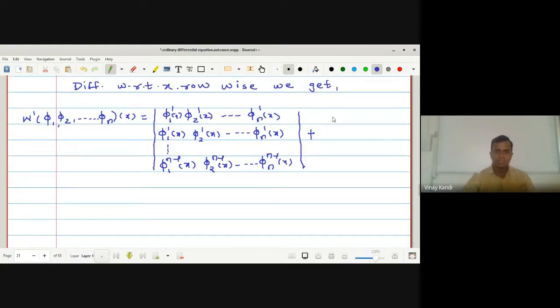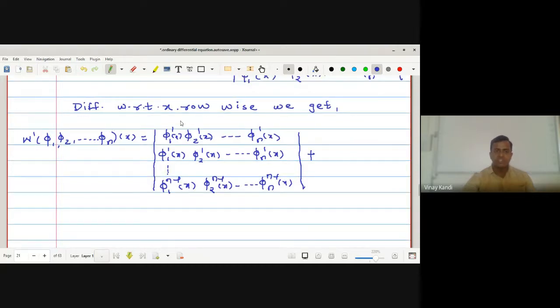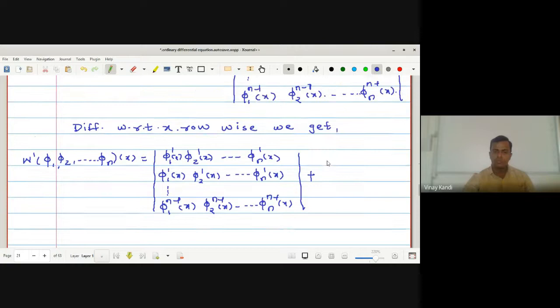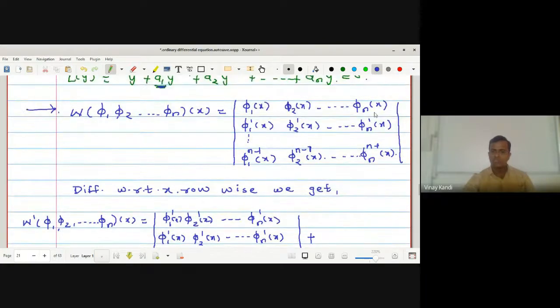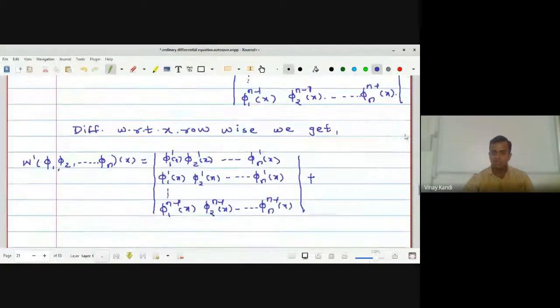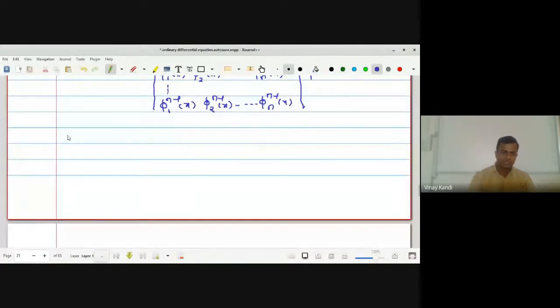Look here. We have to differentiate with respect to x row wise. Here, what have we done? In the first determinant we differentiated only the first row. Now put the first row as it is and differentiate the second row. So plus we get the second determinant: phi 1 of x as it is, phi 2 of x as it is, up to phi n of x as it is. Now differentiate the second row.